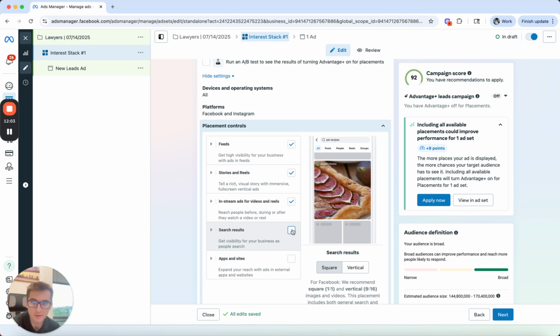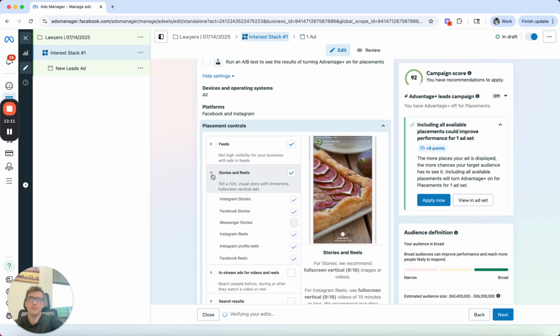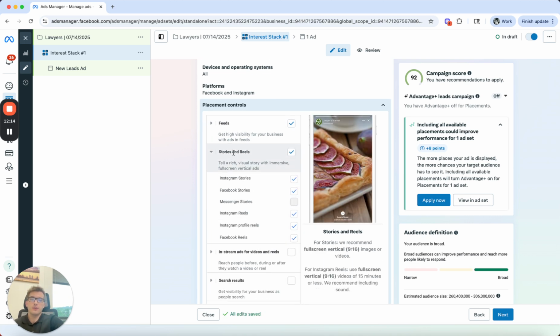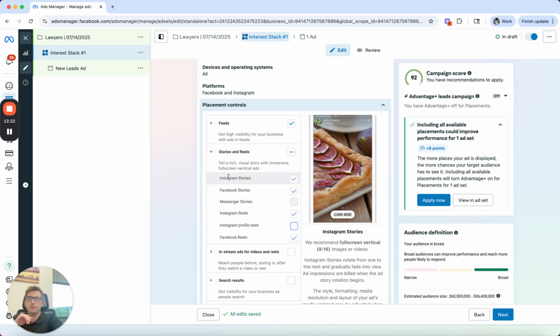That happens sometimes. So you want to completely turn off search results and apps and sites, and then in-stream ads for videos and reels as well. Click down on the stories and reels drop-down menu, and then just click off Instagram profile reels. Only leave stories and reels checked.